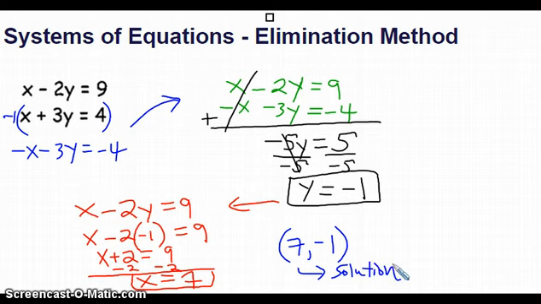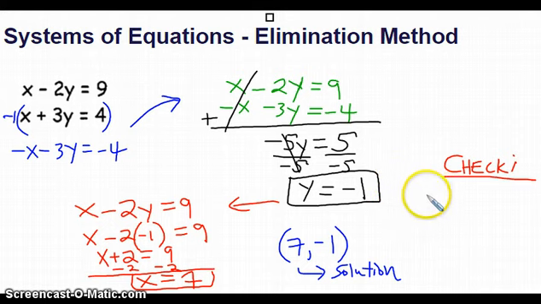Now, we could certainly check this, and I think it's a good, solid thing to do when dealing with really all of algebra. You can check most of your work, so let's just check it. Let's just plug one in. Why don't we use the top equation again? That would be fine.